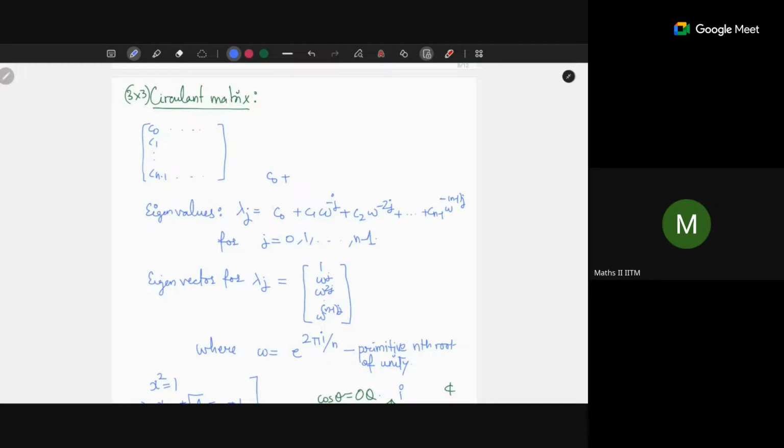So this is c1 times e to the power minus 2 pi i by n plus c2 e to the power minus 4 pi i by n, and so on. So we are writing down all the roots together, and then multiplying with the column entries respectively. That will be your eigenvalue.